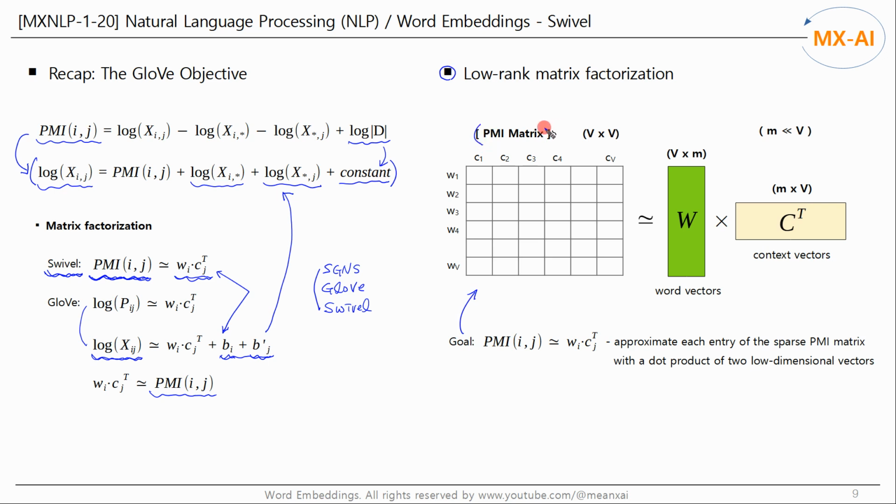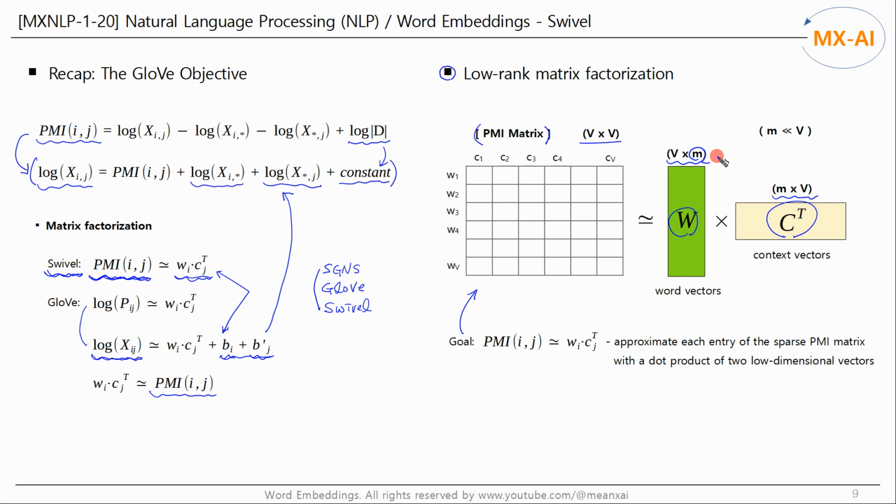On the left is the PMI matrix, whose size is V by V, where V is the vocabulary size. On the right are two much smaller matrices, the target word matrix and the context word matrix. The target word matrix has size V by M, and the context word matrix has size M by V. Here, M is the embedding dimension.